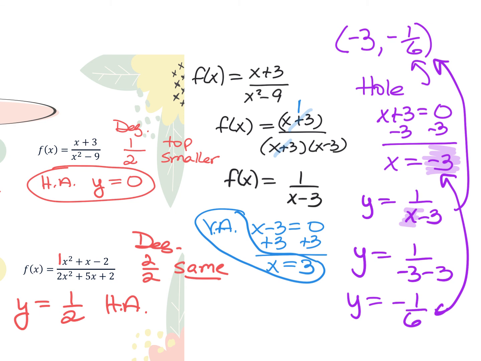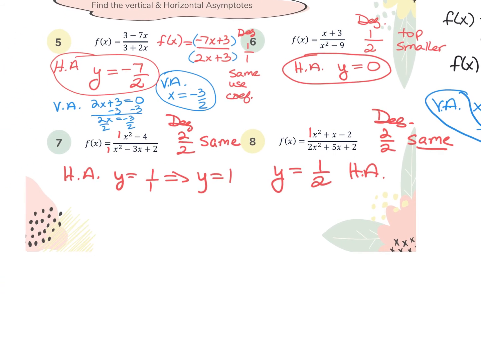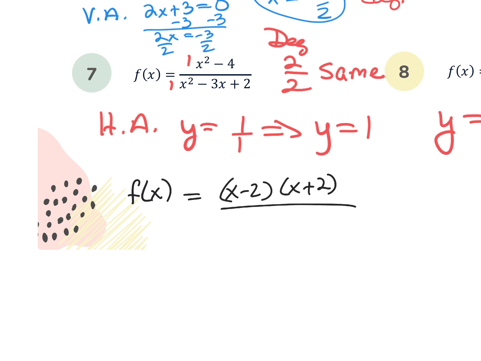Number 7, we need to factor first. I can factor the numerator, difference of two squares, x minus 2, x plus 2. The denominator is going to factor into x minus 1 and x minus 2.